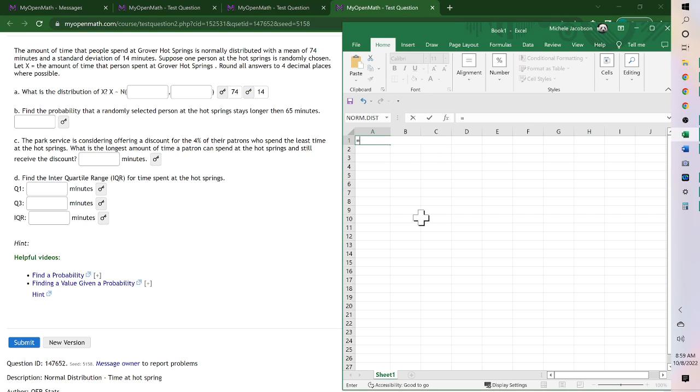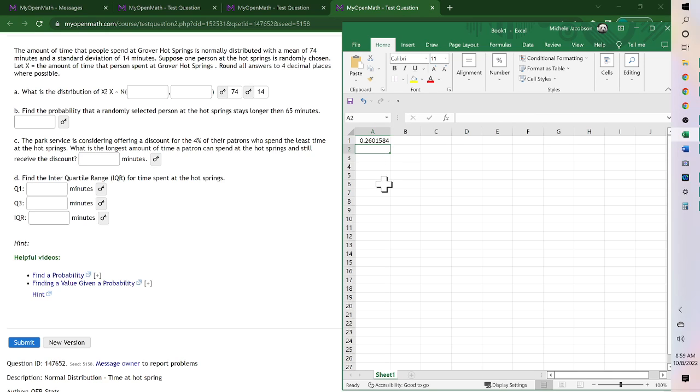So equals norm, and you want the normal distribution, the second one, and then we put our x value, which is 65, comma, your mean, standard deviation, and then you place a 1 because the total under the curve is 1. Now what this is giving you is the percent below.